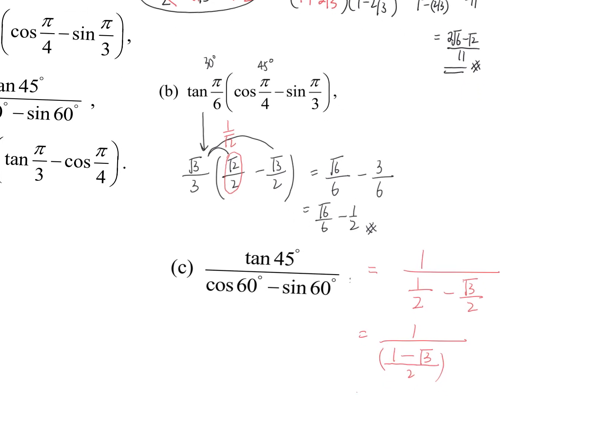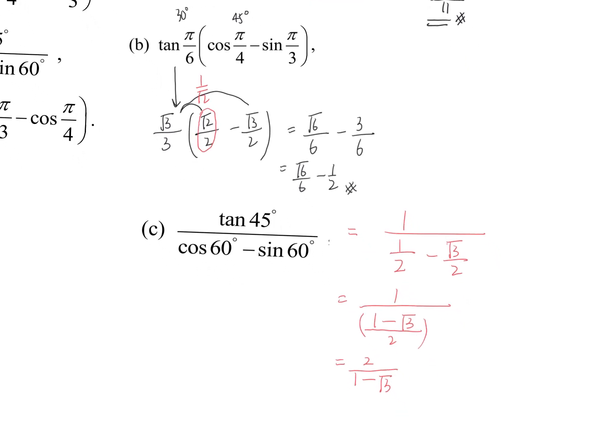So 1 divided by this is to flip the fraction. So this is what you get. But the denominator cannot have surds. You need to rationalize. So when you rationalize it, you multiply by 1 plus root 3, because it's not simplified. So the bottom is 1 squared minus root 3 squared.